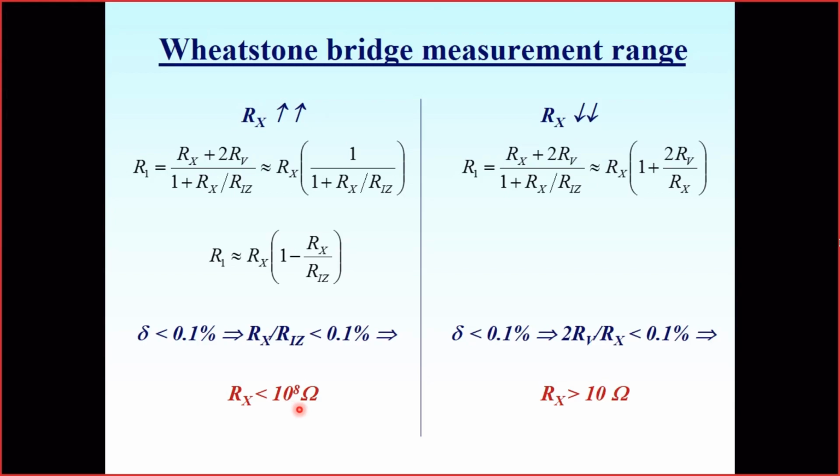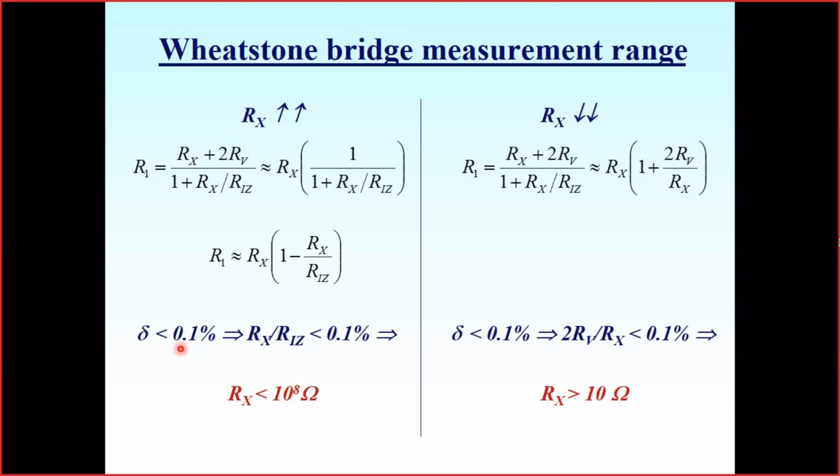But it's actually not so bad. We speak about 10 to the power of 8, it's 100 megaohm. So we actually may measure with 0.1 gigaohm with this bridge, and the accuracy of measurement will be more or less within the range of 0.1%, so not worse than 0.1%.